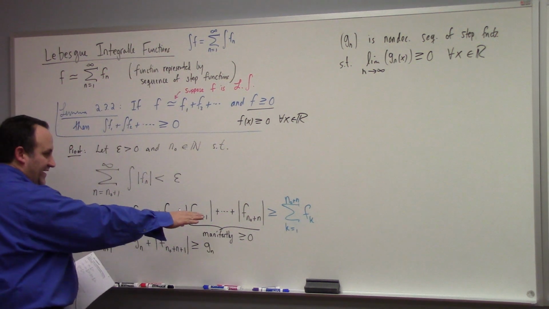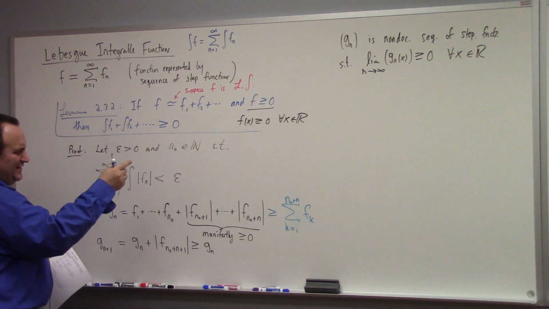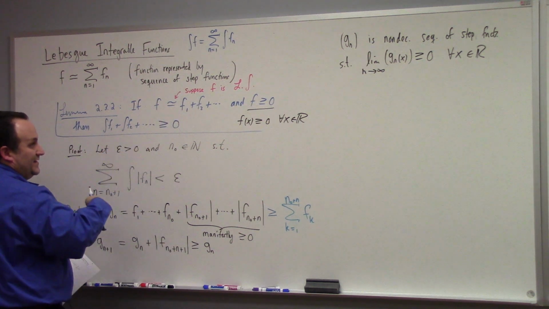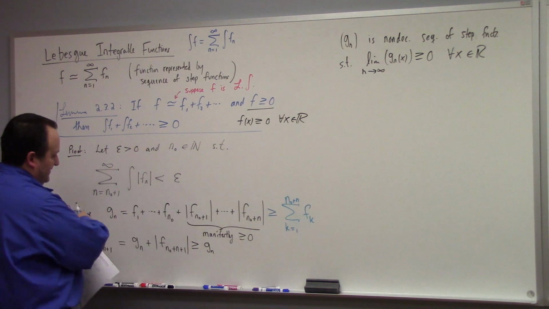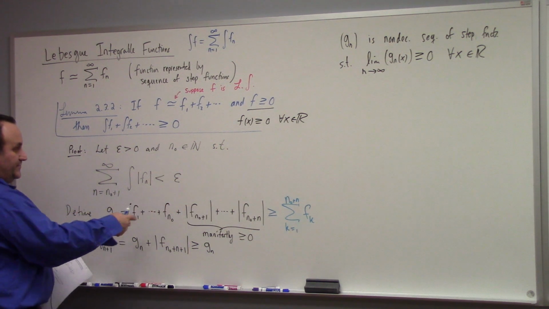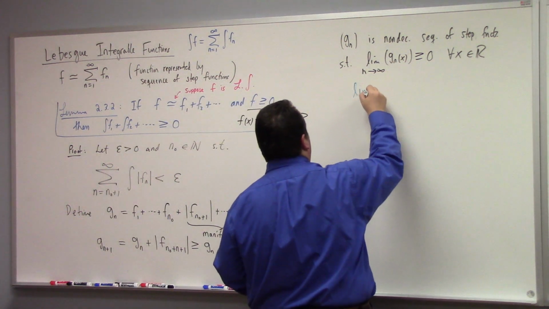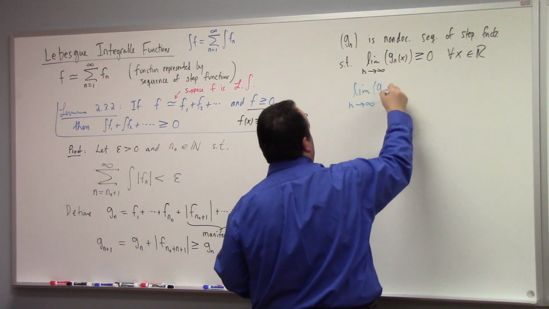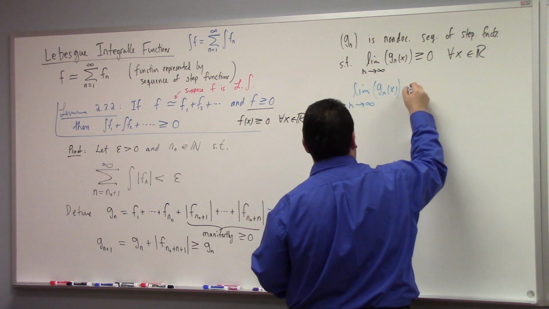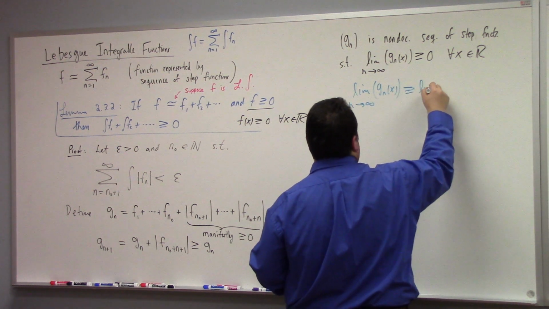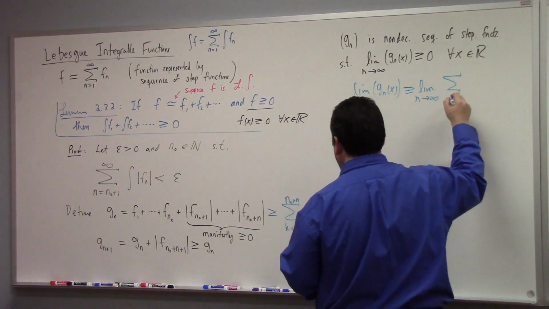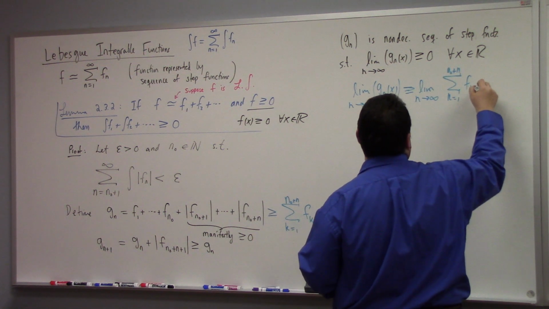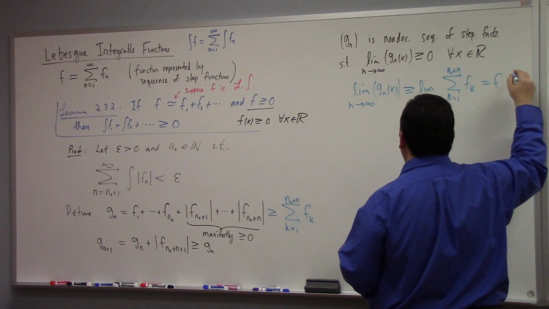So if gn is greater than or equal to that sum, and as n goes to infinity that sum becomes f, and we know that f is positive, then taking the limit as n goes to infinity, gn of x is greater than or equal to the limit as n goes to infinity of the sum k equals 1 to n naught plus n of fk, also known as f, which is given to be greater than or equal to 0.